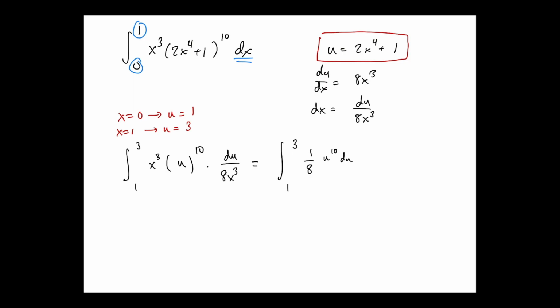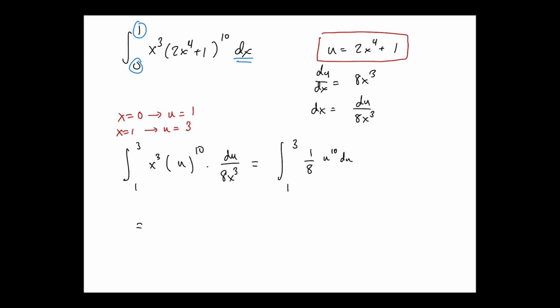So what's the antiderivative of u to the 10th? That's a derivative, antiderivative. So what do we have to do to the exponent? Add 1, so it'd be u to the 11th over 11.